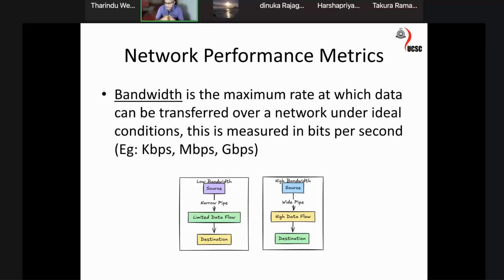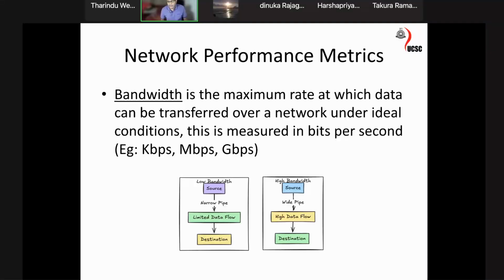Then it evolved to 100 megabits per second for the LAN areas, and later was upgraded to 1 gigabit per second. Nowadays we have 10 gigabits per second copper wired in most of the new buildings.